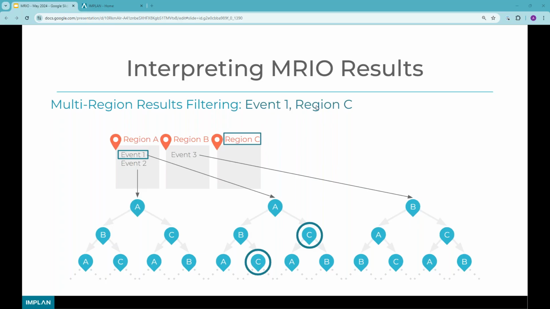So event 1 on region C. As you can see from this tree of effects from our MRIO calculations, there are effects on region C from event 2 and from event 3. But in this case, we are only isolating out the effects of event 1 on region C. So be careful when you're using your filters that you don't overestimate or double count any of your effects inadvertently.